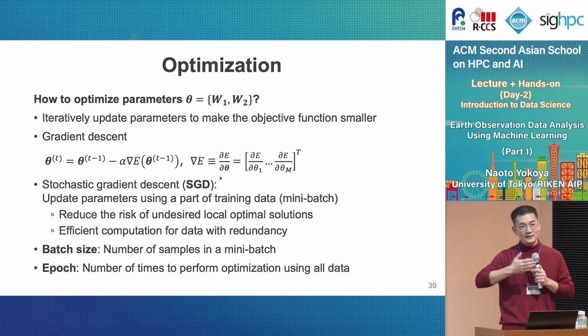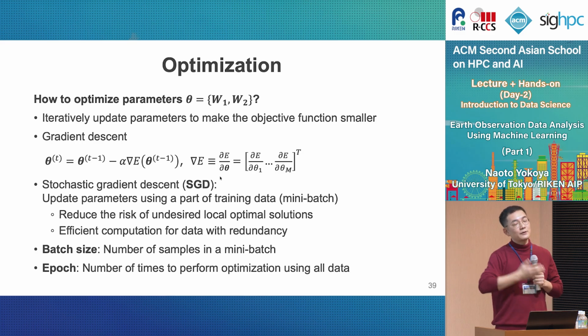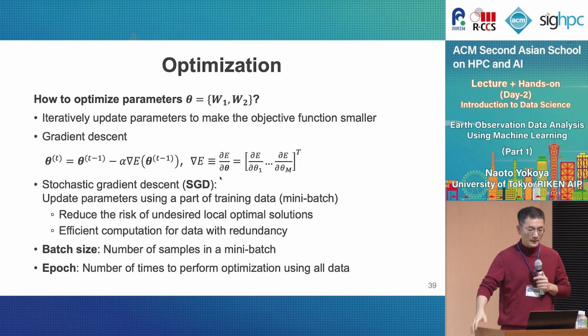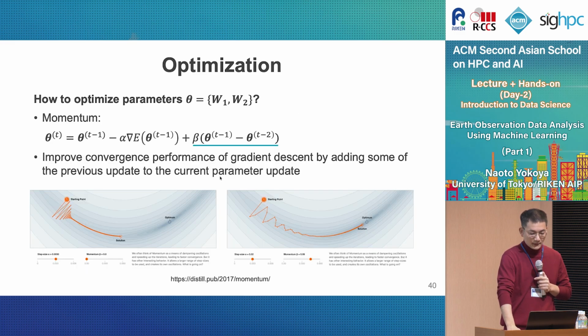And after that, it means we processed all training data to update the parameters. And then it's counted as one epoch. Okay? So simply, if you set the number of epochs larger, it simply takes more time. But it's something we need to set up.